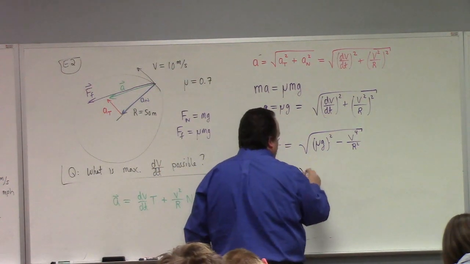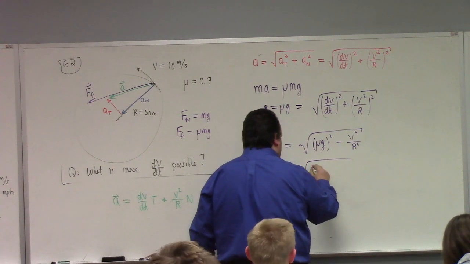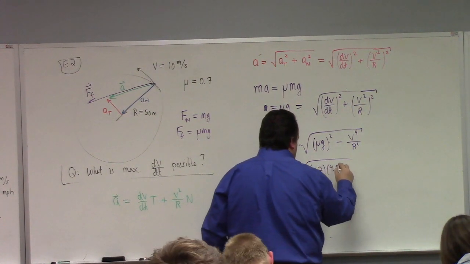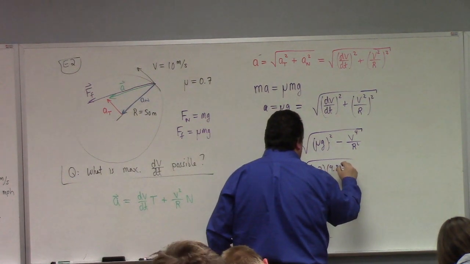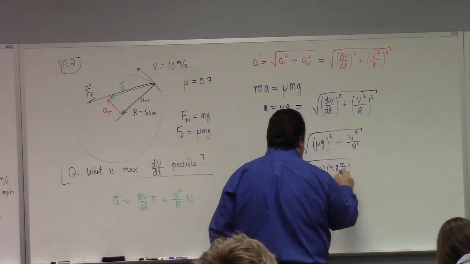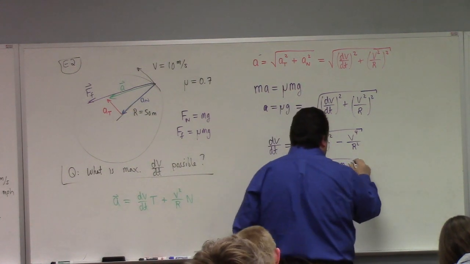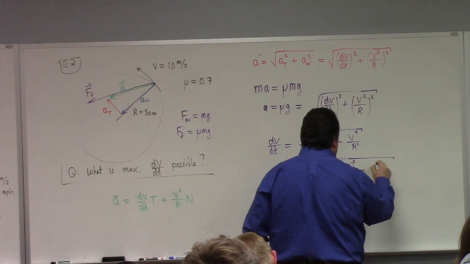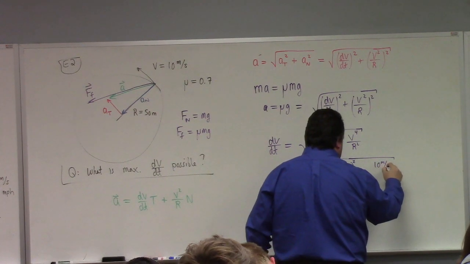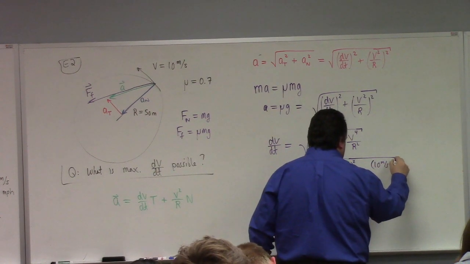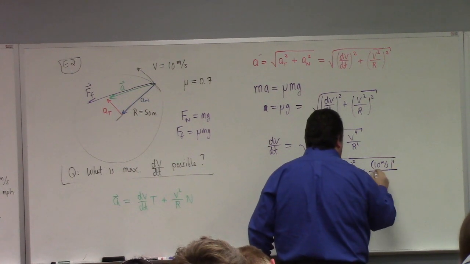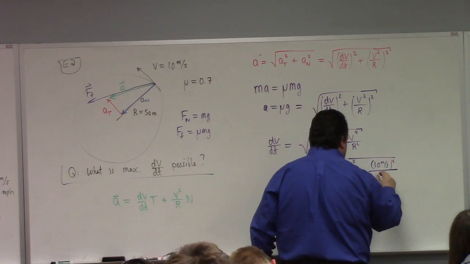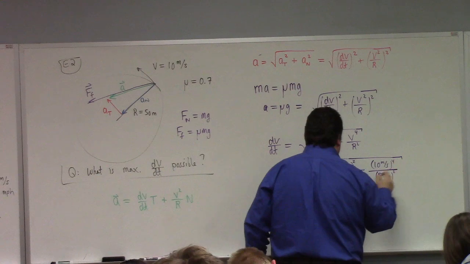So what you got here, square root of 0.7 times 9.8 meters per second squared, you got to square that thing, and then subtract from that 10 meters per second to the fourth power, divided by 50 meters squared. So whatever that works out to.